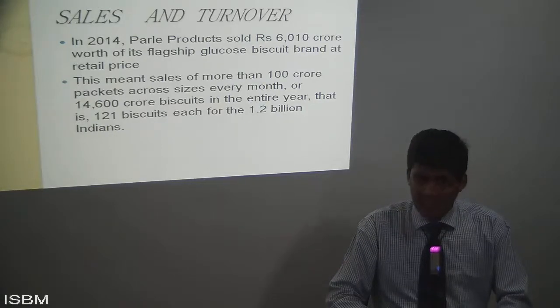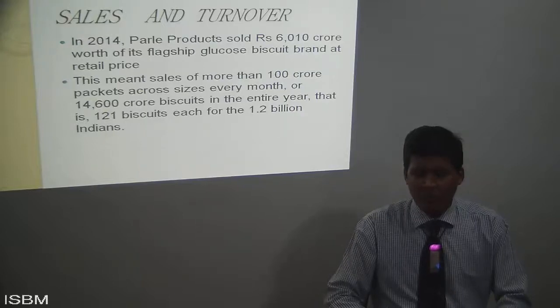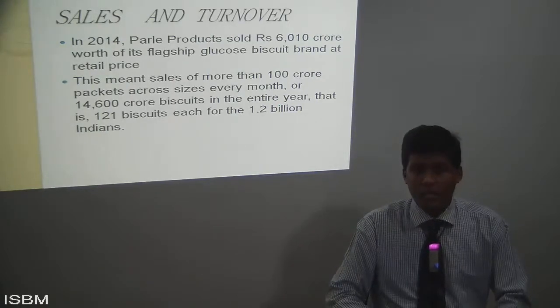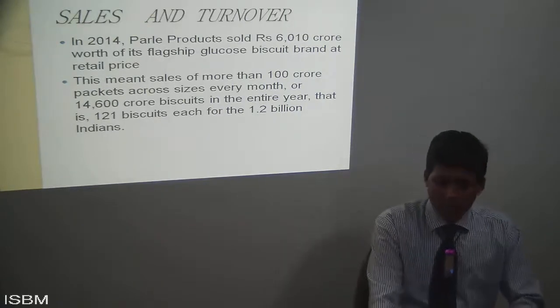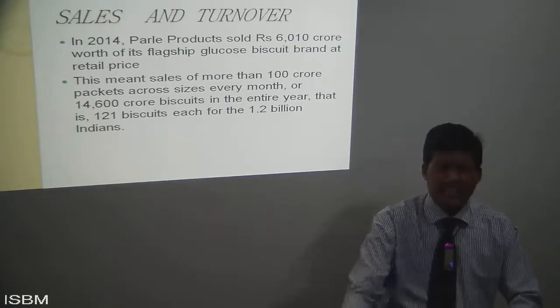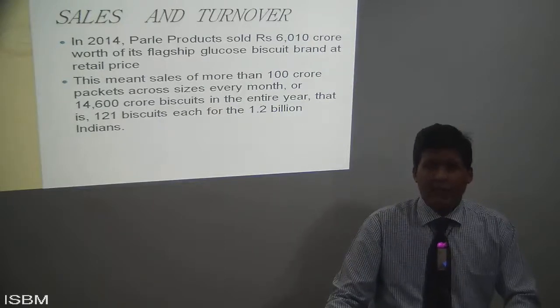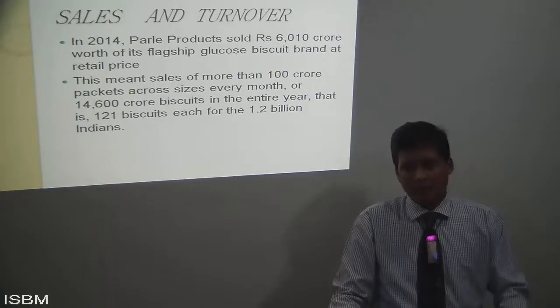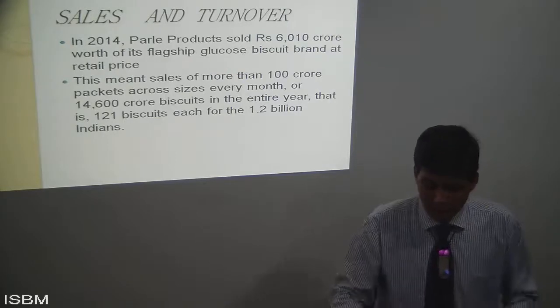Now, this means sales of more than 100 crore packets across sizes every month, or 14,600 crore biscuits in the entire year, that is one biscuit each for the 1.2 billion Indians. That means that's a huge size. So 100 crore packets being sold, it's roughly one packet of Parle G to every person. It's huge. That's some size.